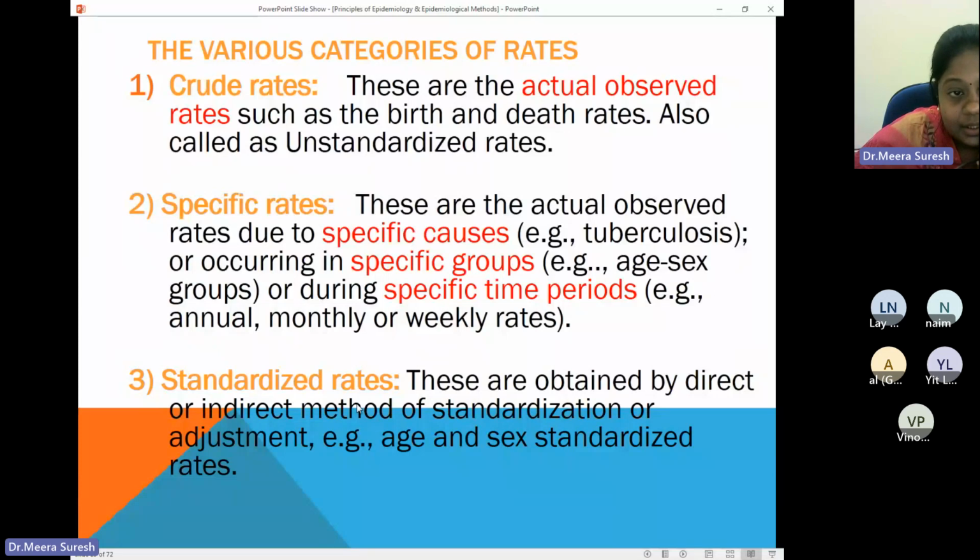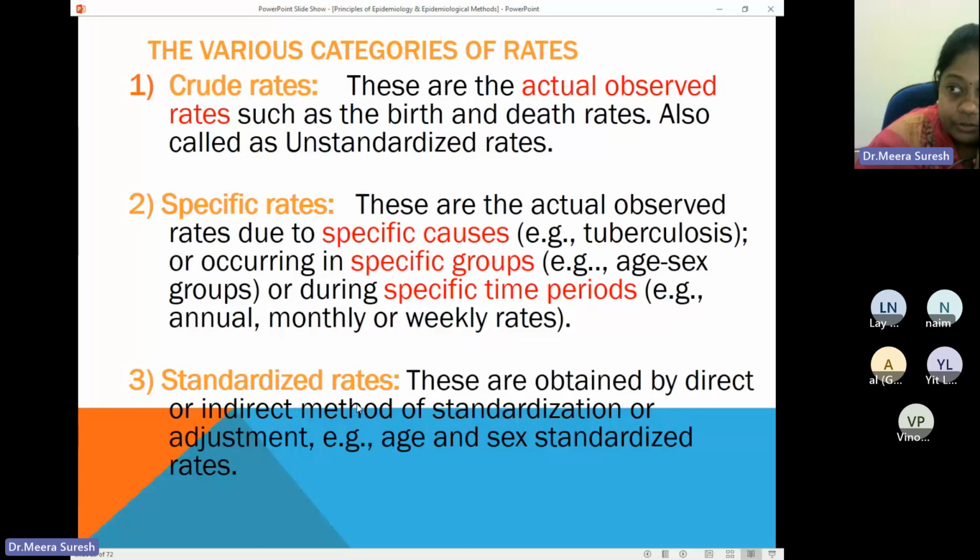You cannot compare these because immunity varies, and it also depends upon what type of disease it is. So we can never compare just by that number, whether one is lesser or one is more.